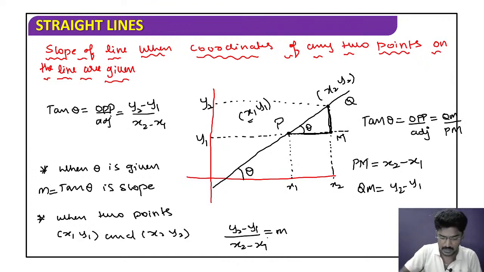Okay. So from this I think you can understand what is slope and why tan theta is slope. And you got two definitions for the slope. One is m equal to tan theta and another one is m equal to y2 minus y1 divided by x2 minus x1.